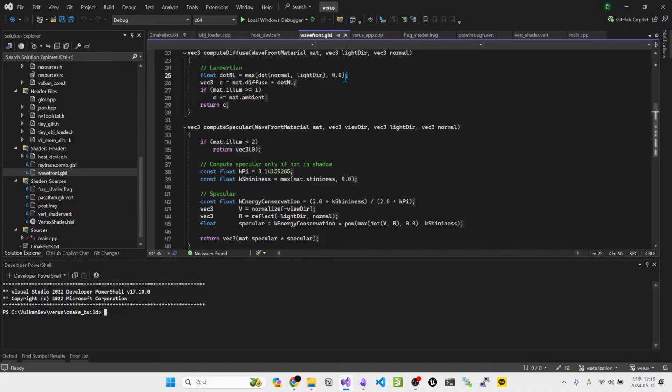Let me say that when the angle between the normal vector and the incoming light direction is more than 90 degrees, cosine 90 degrees is equal to 0. So if the angle is over 90 degrees, the cosine result goes negative at some point. But a negative coefficient doesn't make sense when we calculate the rendering equation.